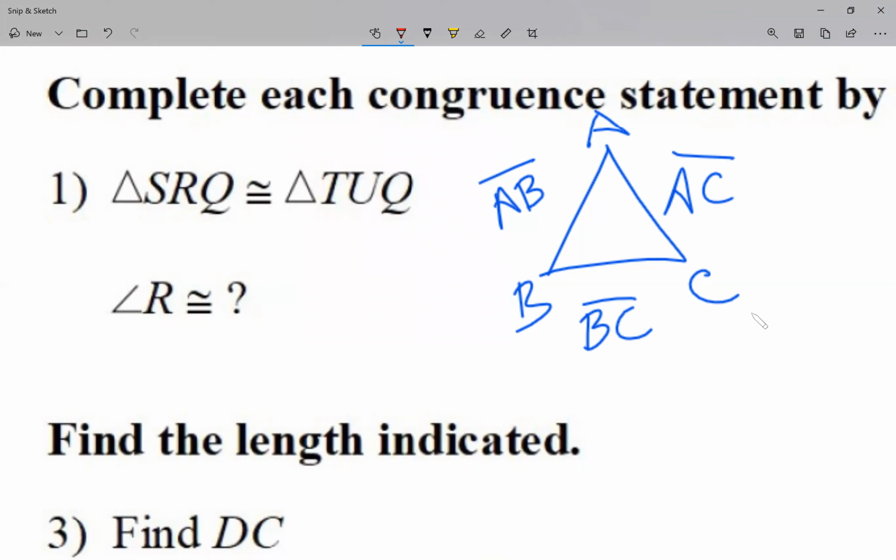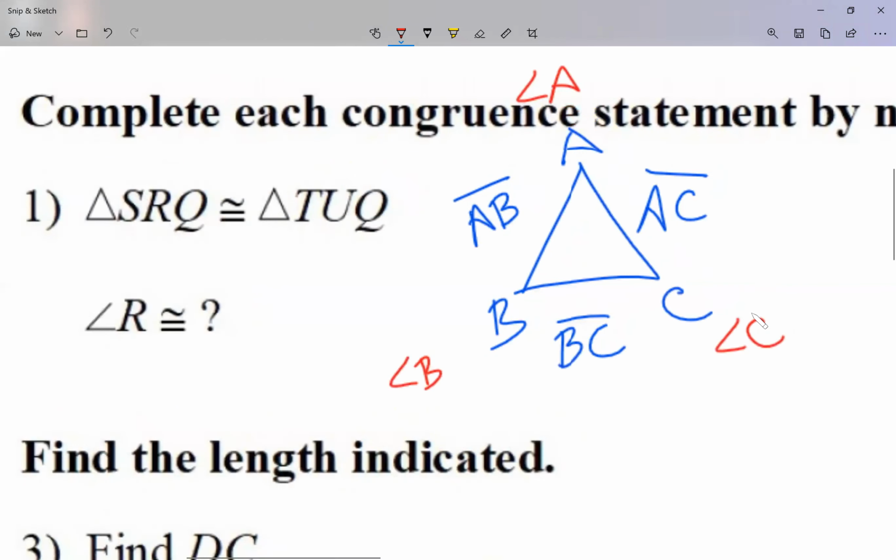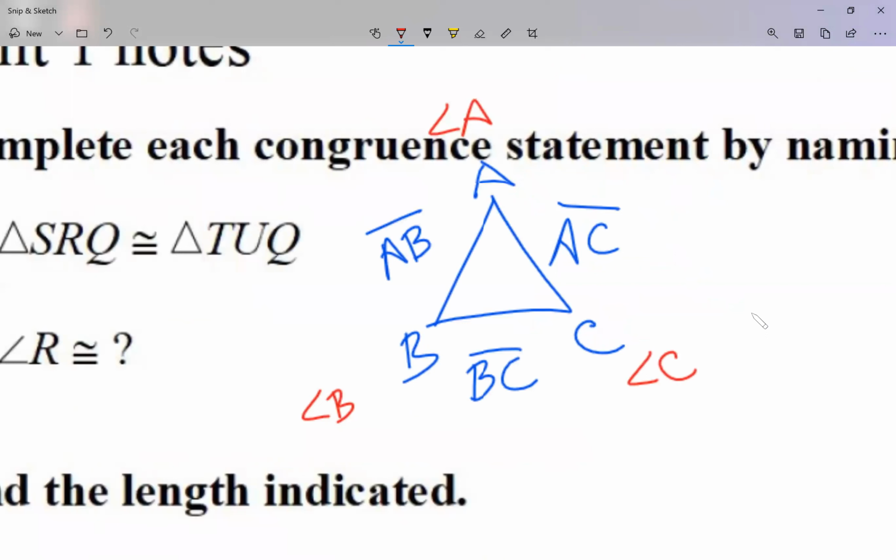Now, when it comes to angles, there are two ways we're going to label angles. One of them is just by using one letter. So I could call this angle A. Here at the bottom left, I could call this angle B. And here I could call this angle C. Notice for angle, I use a symbol that looks like an arrow, but it's a representation of an angle. So for angles, we can use one letter or three letters. The way I'm going to label an angle using three letters, I'm going to use the three letters that are used in the triangle.